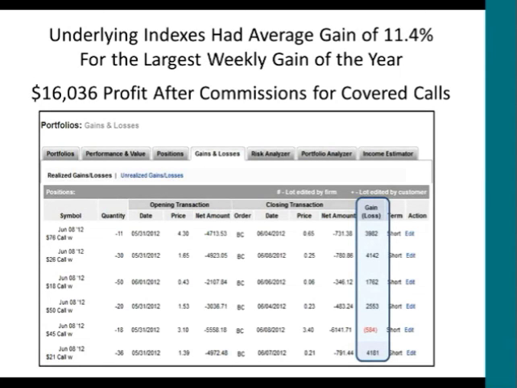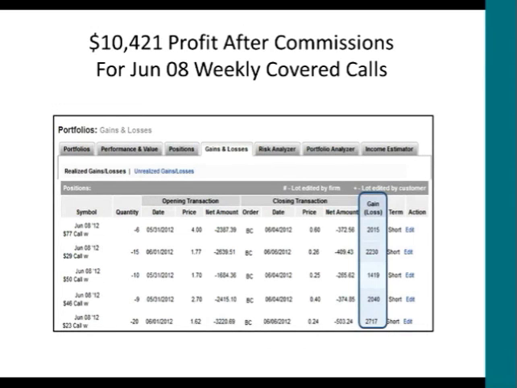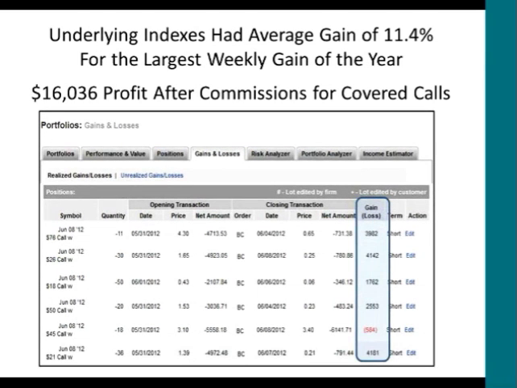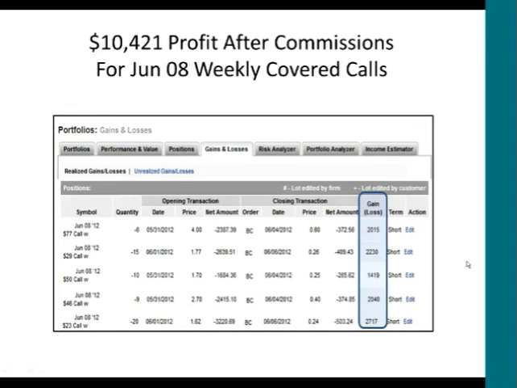And here's, I think I only had one. Yeah, I had one loss that week. So in this particular account, I had a $16,000 profit after commission, and in this account I had a $10,000 profit, and this was for the June 8th weekly covered calls.